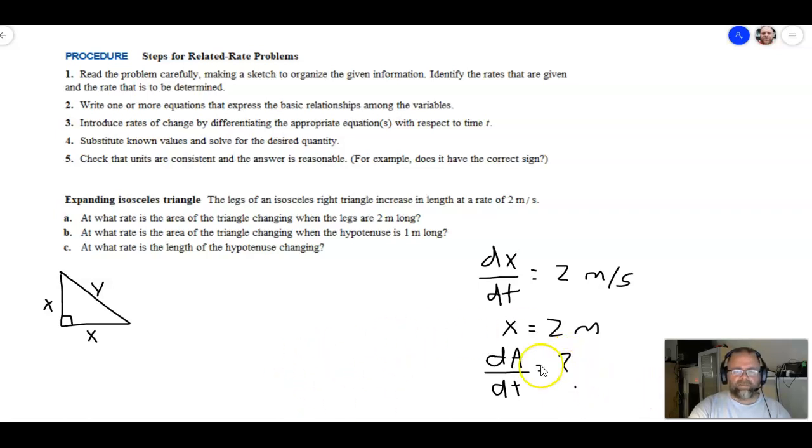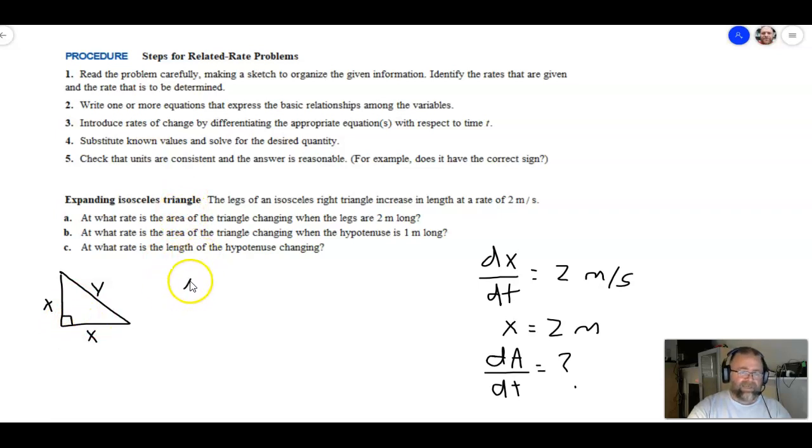All right, so what does this all mean? Once I get all the information down, I need to somehow relate the sides to the area. So what kind of formula would relate the sides to the area? Well, notice that these two lengths here meet at a perpendicular, which means that we could call one of them the length and one of them the height.